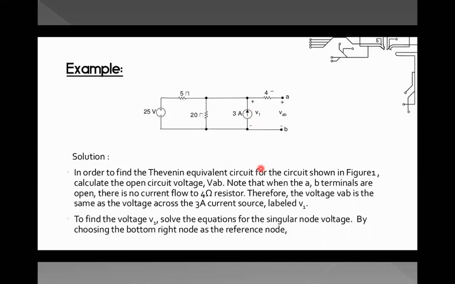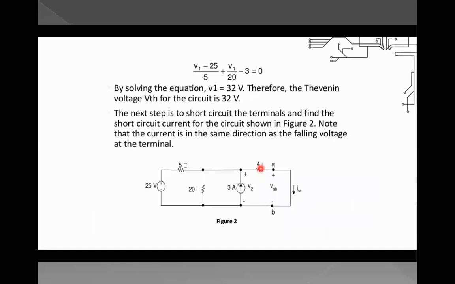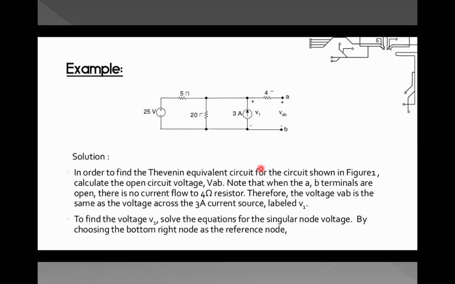To find the voltage V1, solve the equation for the singular node voltage by choosing the bottom right node as a reference. The same way we did it already. So how does this come?